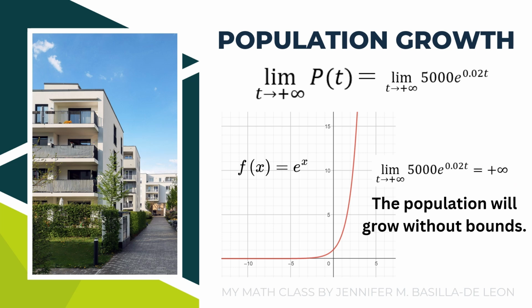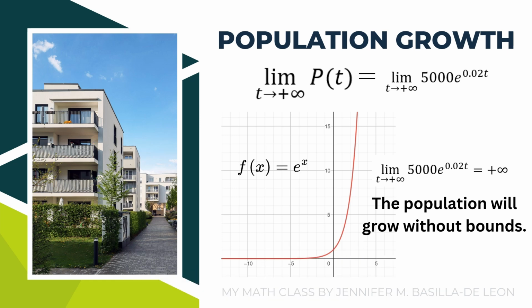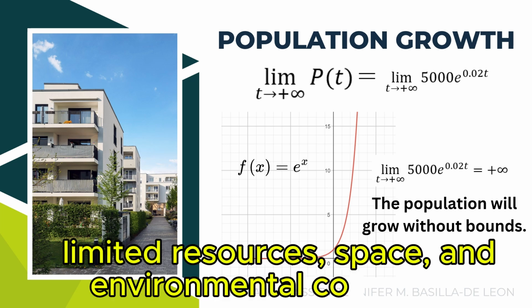This means that, according to the model, the population will grow indefinitely over time. However, in a real-world context, factors such as limited resources, space, and environmental constraints would eventually slow down or stop the growth, even though the mathematical model suggests unbounded growth.